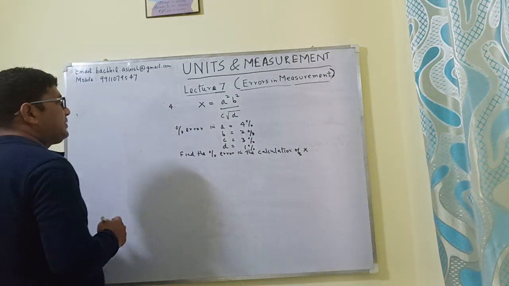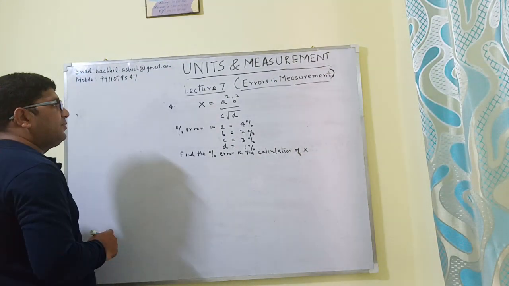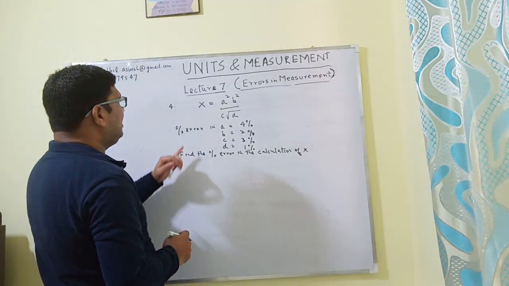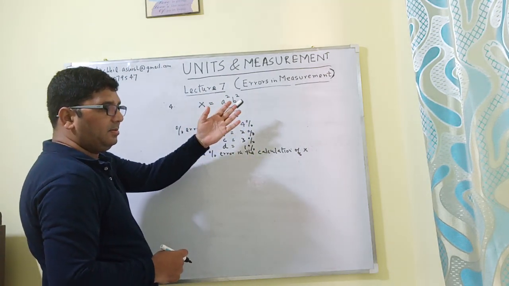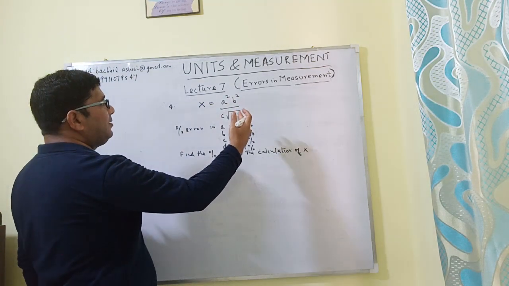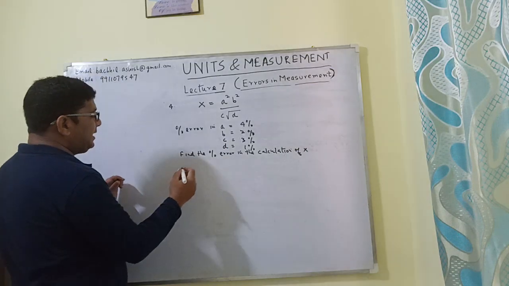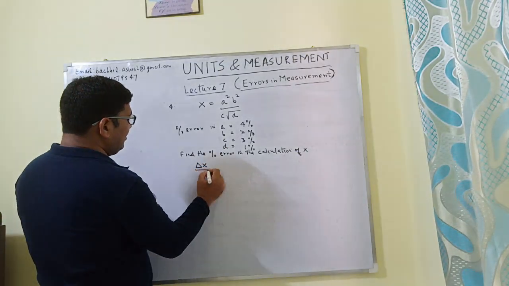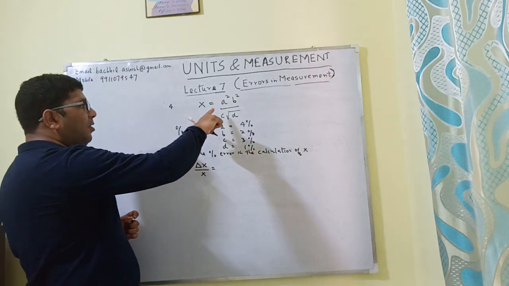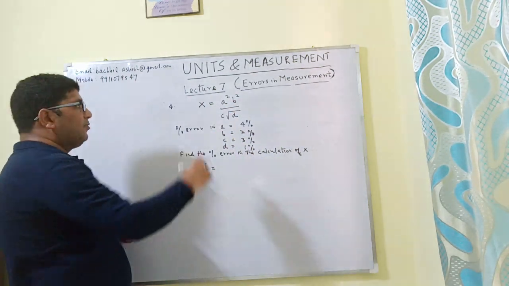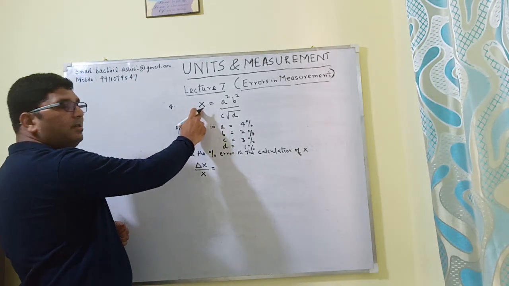So, in the last lecture, we studied under the heading of combination of errors that if any physical quantity is a multiplier of other physical quantities which are raised to some power, then in that case the relative error will be given as the sum of the relative errors of all the physical quantities which were used to calculate the final value.